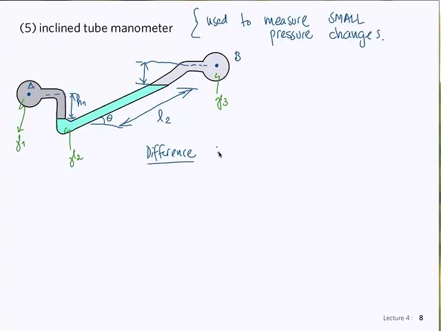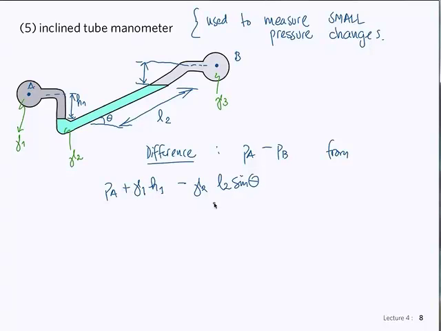Skipping right to the result. We want to find PA minus PB, but we get it from PA plus again gamma 1 H1 minus gamma 2 L2 sine theta.